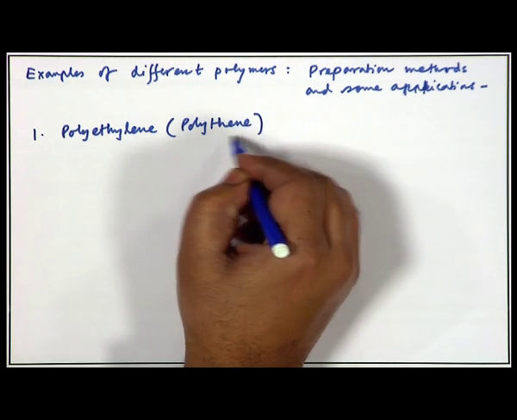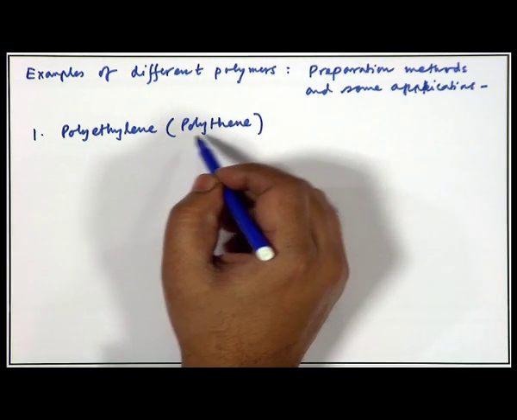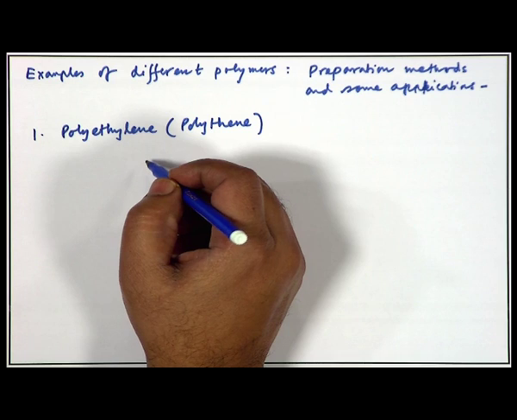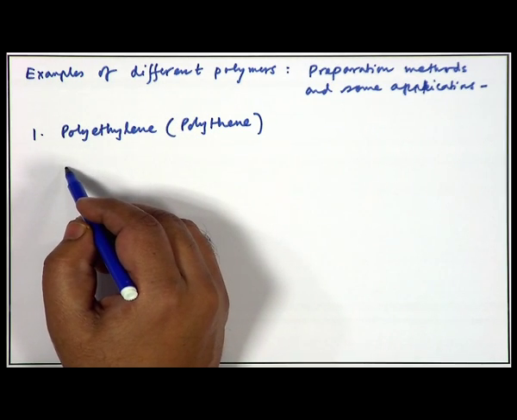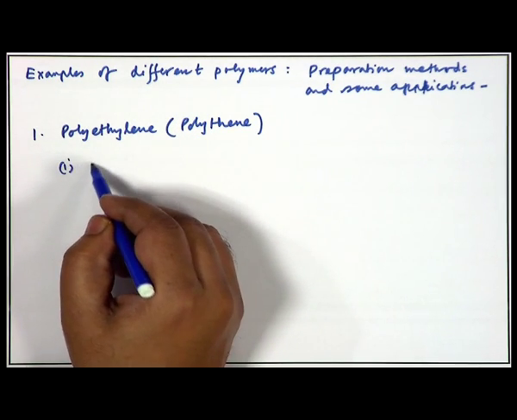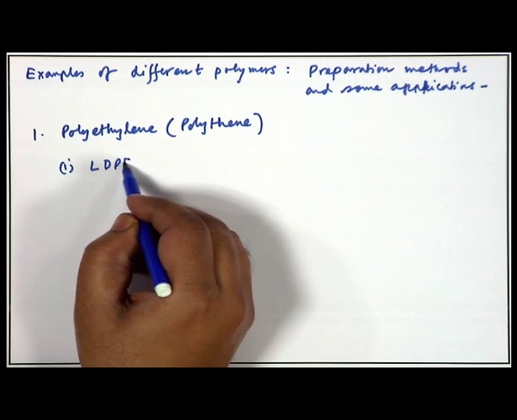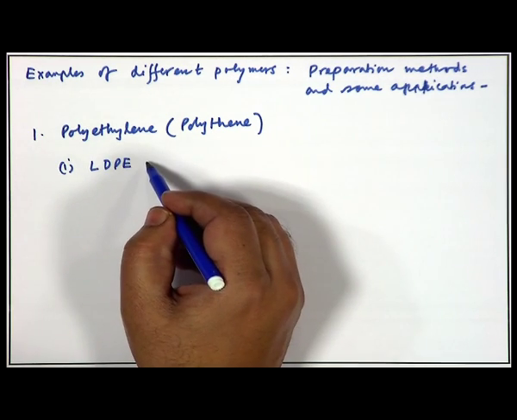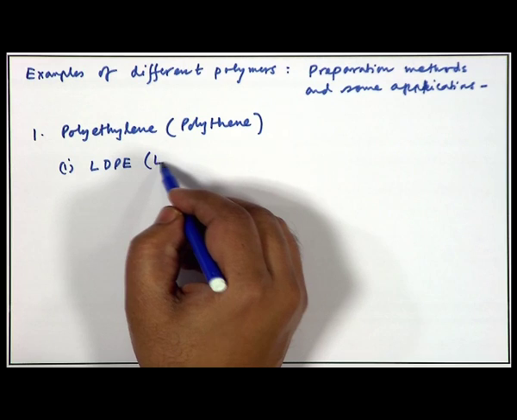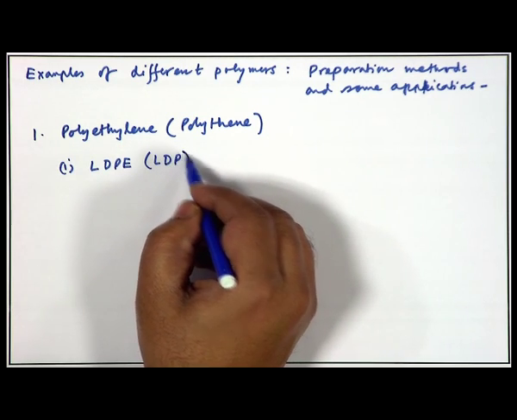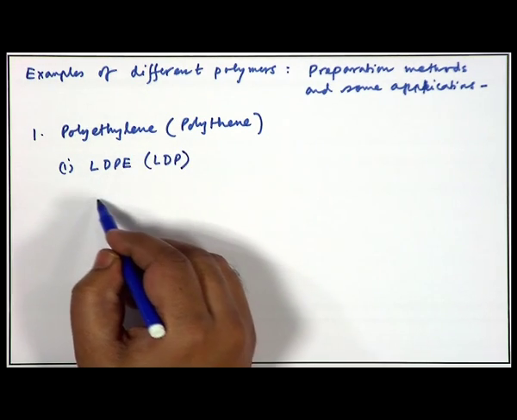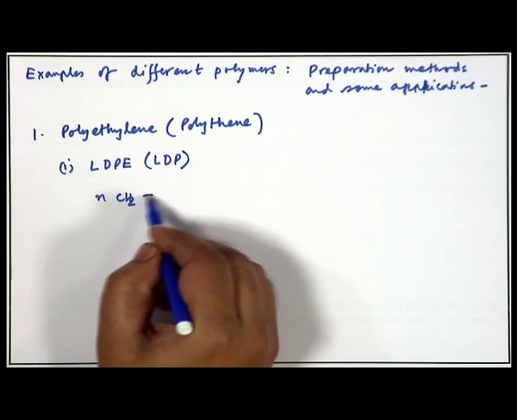We call polythene bags and all these things, this is polyethylene. And there are two types of polyethylene, one is LDPE, low density polyethylene. In this case this is formed radically.